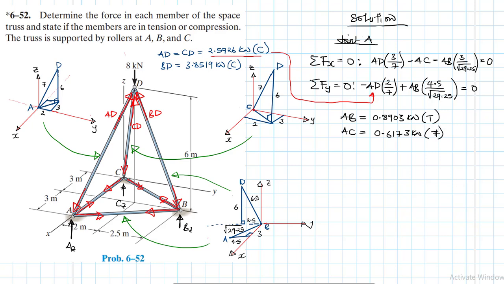Okay, just want to go through it again so that I make sure I have not made any mistake. 0.8903 plus 2.5926 times 3 divided by 7. Okay, 0.6173. All right, so found AC, we found all of them. So let's go to summation of forces in the Z direction.